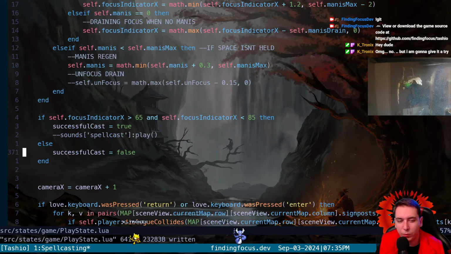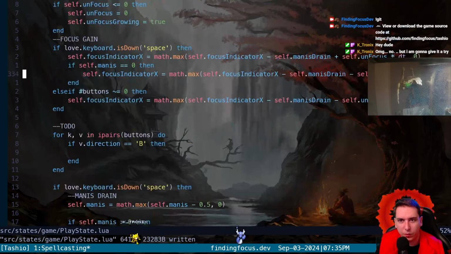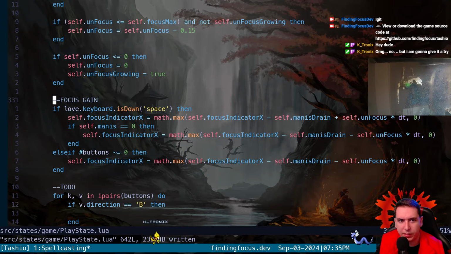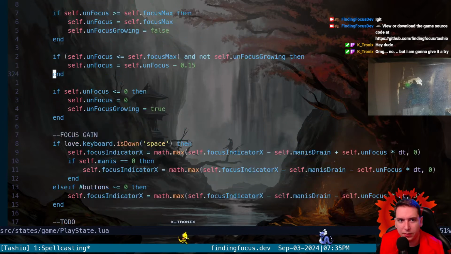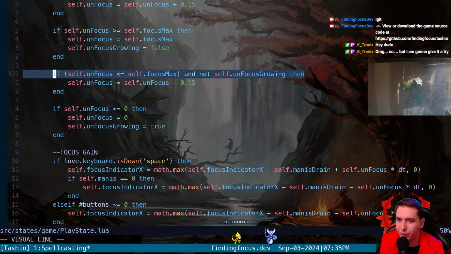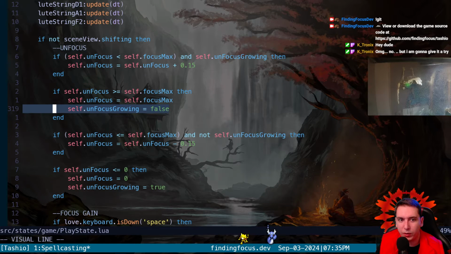This is really weird how we've got this. We might want to refactor some of this. I wouldn't call this focus gain. What the heck did we name unfocus? Unfocus. Oh, okay.